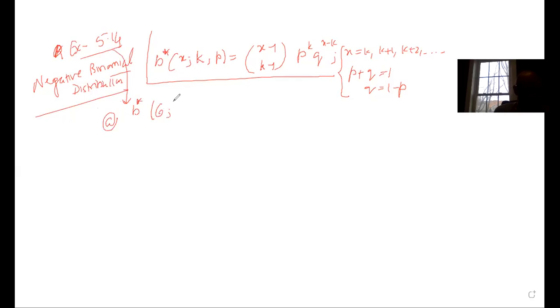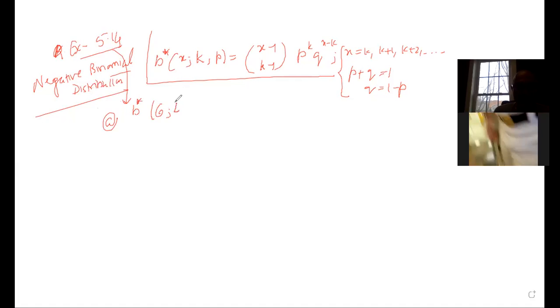What is the probability that team A will win the series in 6 games, not 7 games? The number of successes is 4, that means team A has to win 4 games. So 6, 4, and the probability given to you is 0.55. Plug in the values.